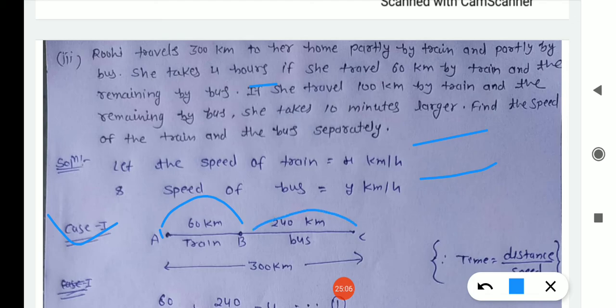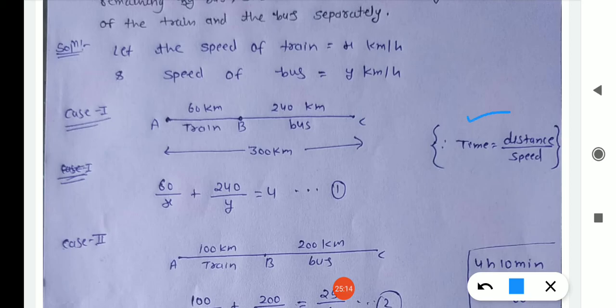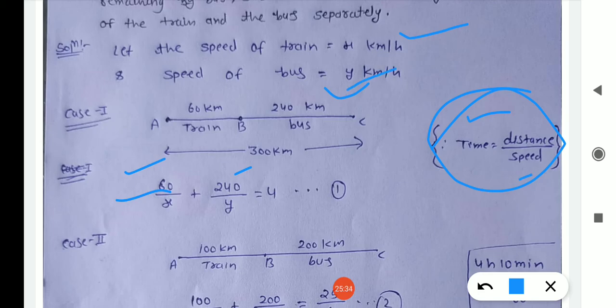Total distance is 300 kilometers. We use the formula time equals distance upon speed. 60 kilometer by train, where the speed of train is x, so 60 upon x, plus 240 kilometer by bus, where the speed of bus is y. Total time taken is 4 hours. So 60 upon x plus 240 upon y equal 4. This is our equation first.